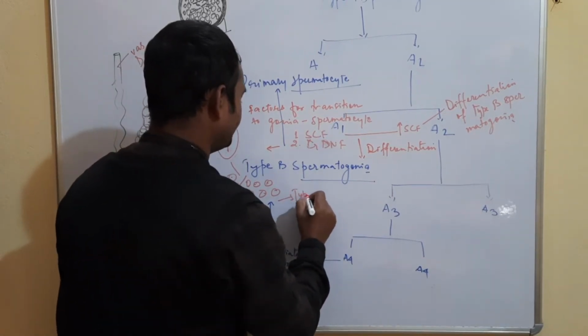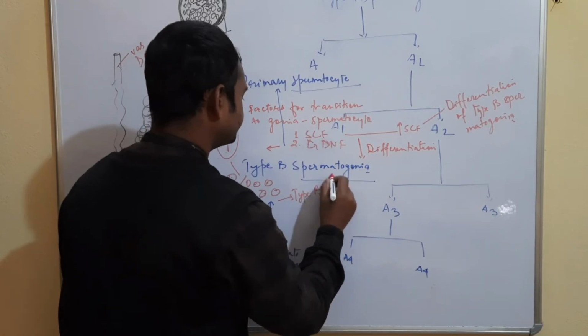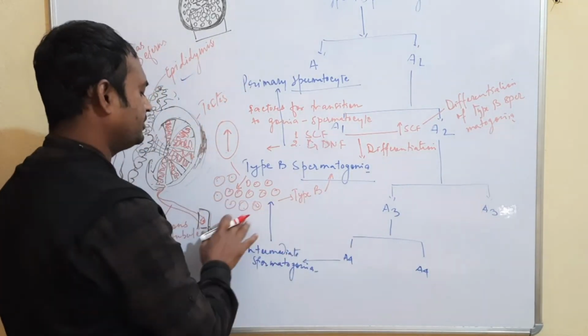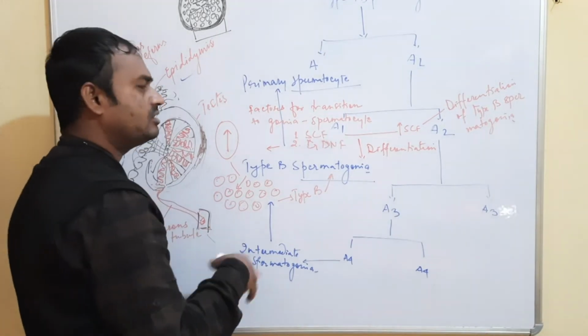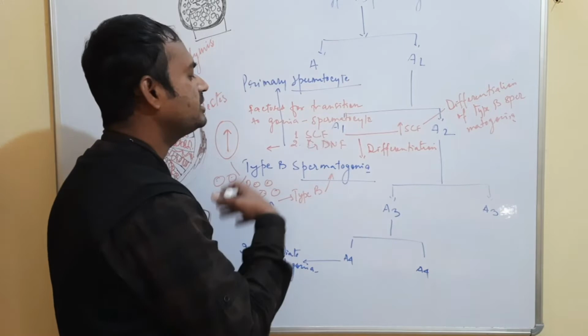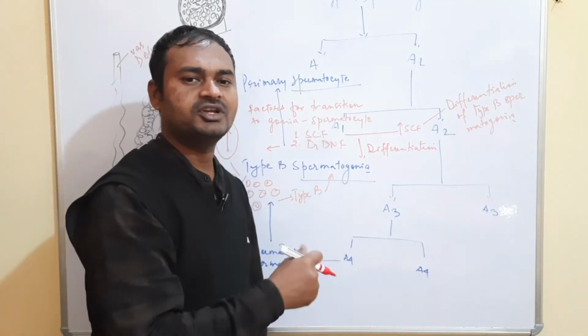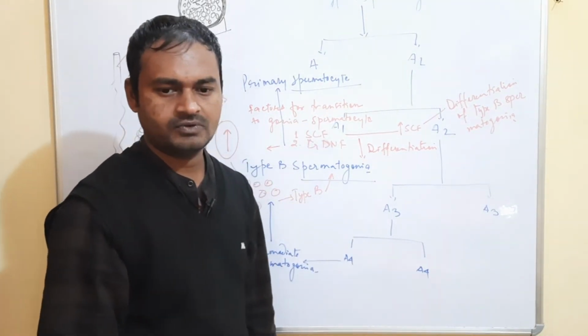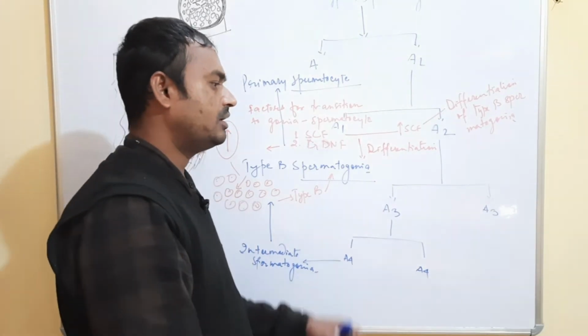Type B spermatogonia will keep on dividing, or self-renew, under the increased concentration of the GDNF factor.